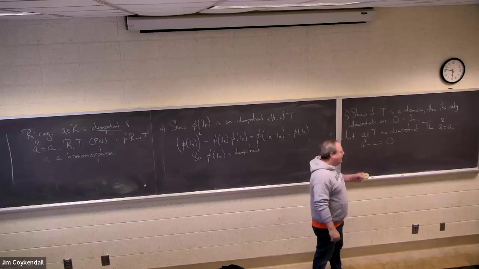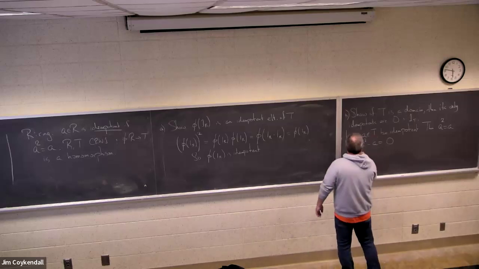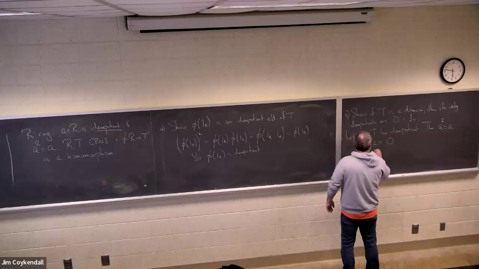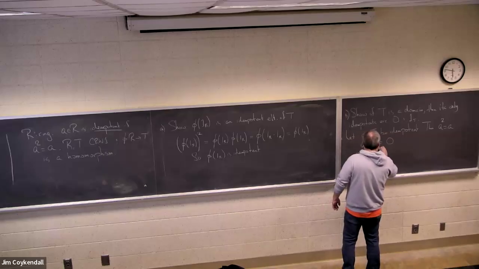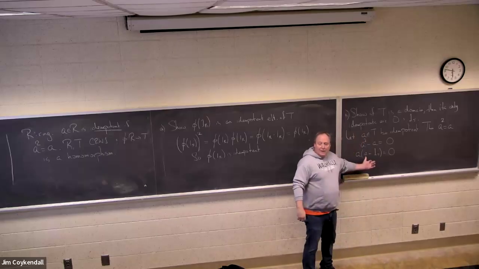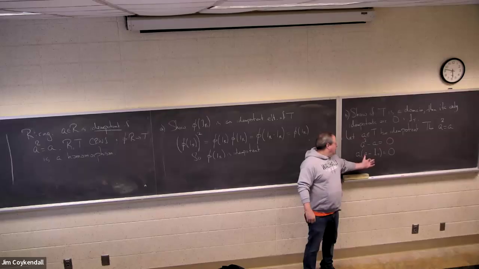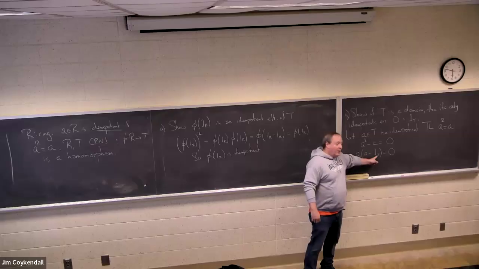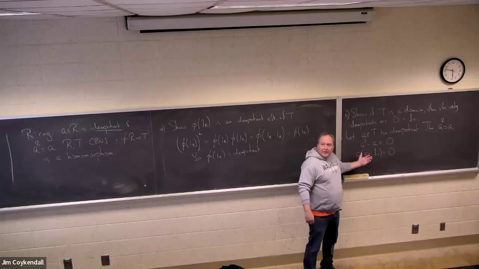And I can pull out an A. Pulling that A out, I need the fact that T has an identity, because if there's no identity, I couldn't pull that out. Okay with that?